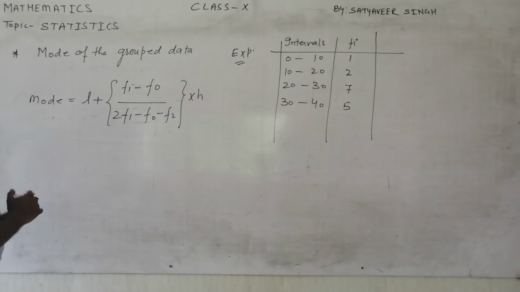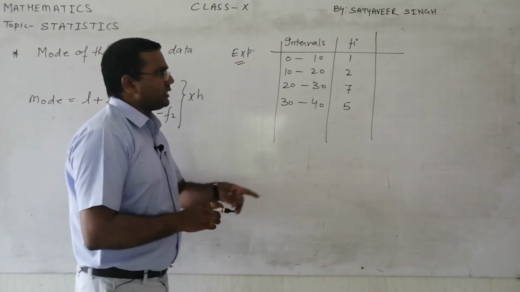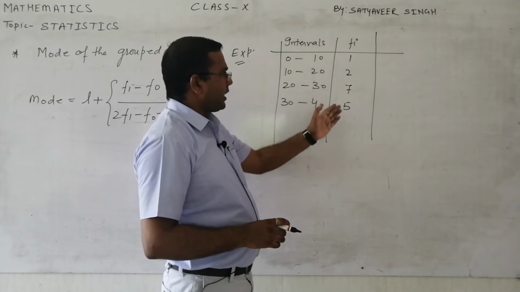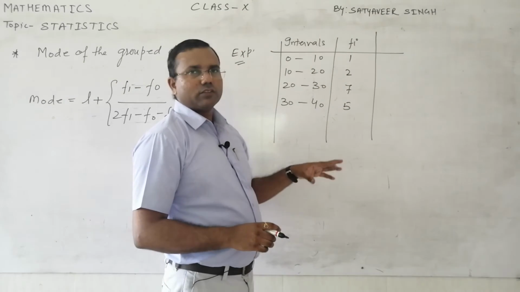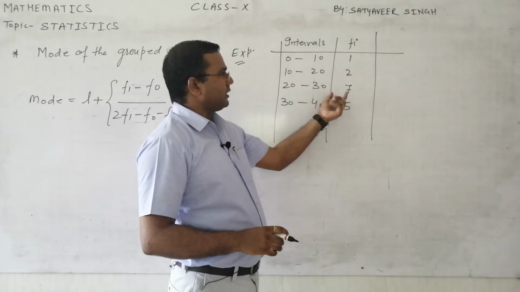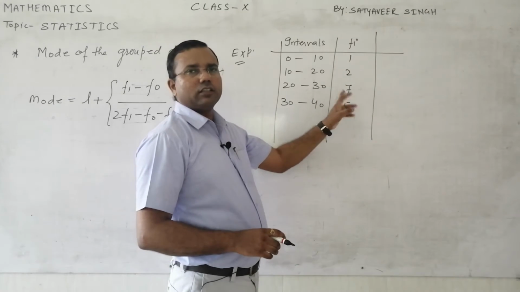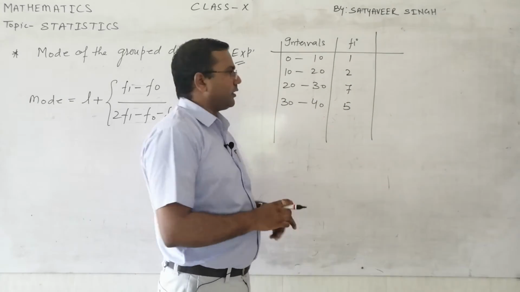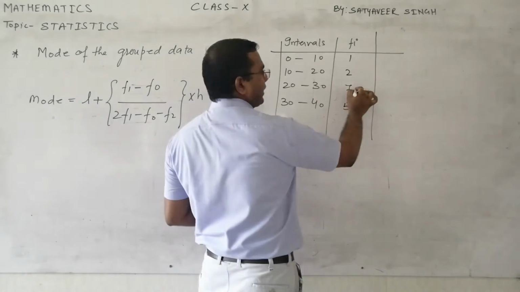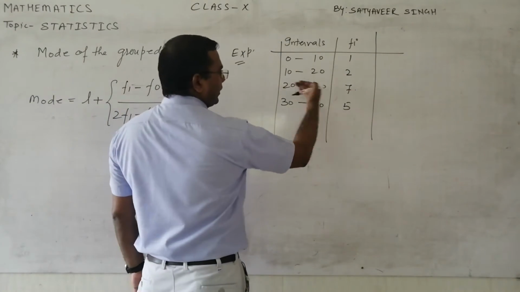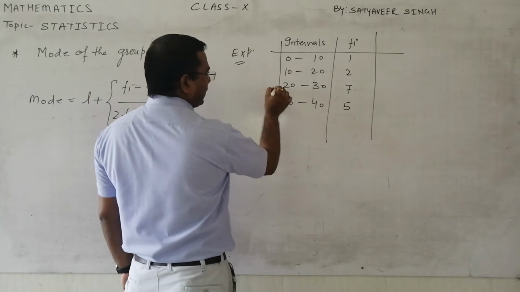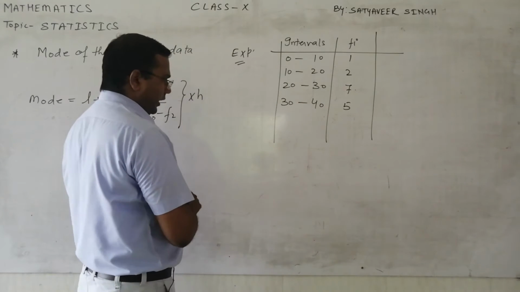First of all, from the frequency table you will have to select the highest frequency, the greatest number. So that is 7 obviously. And the interval in front of this 7 is called the modal class.